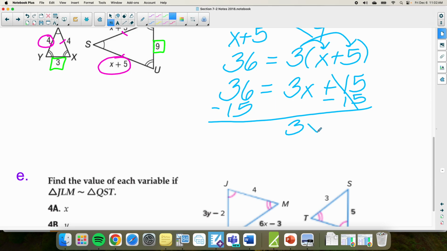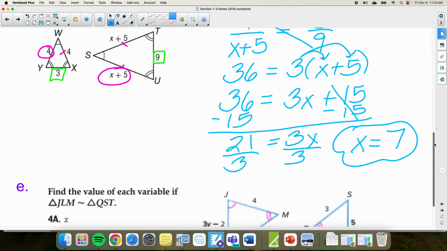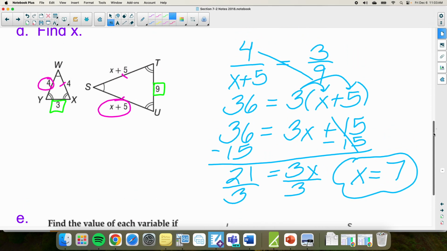And 3x equals, this would be 21. And then divide by 3. And x is 7. Now let's see if we needed to find anything else. There's no y in that one, and they're just telling us to find x, so that would be our answer.